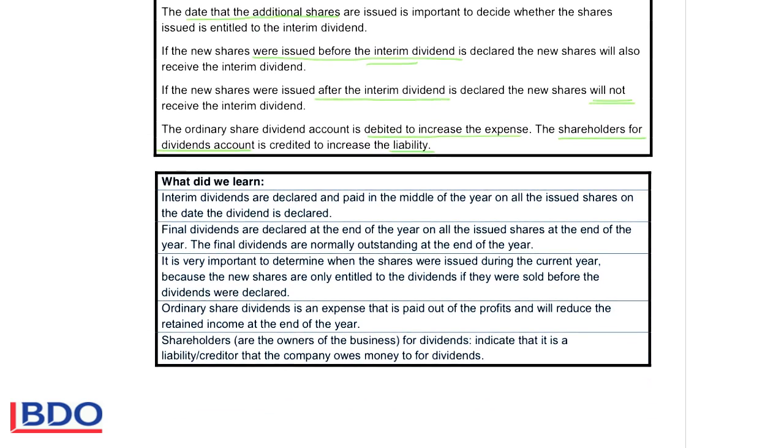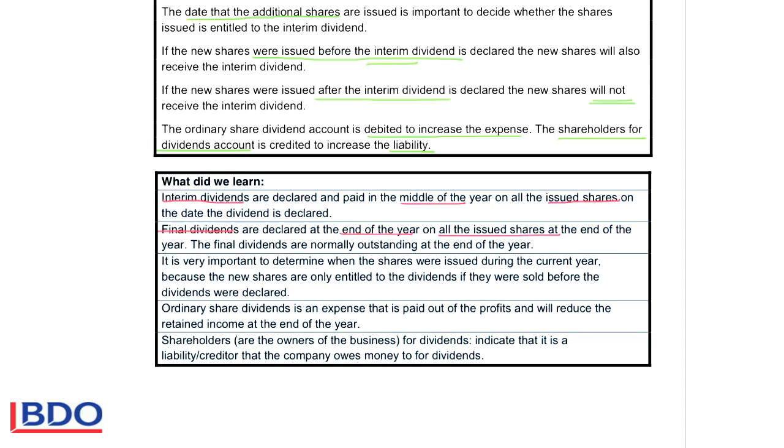What did we learn today? Interim dividends are declared and paid in the middle of the year on all the issued shares on the date that it was declared. So interim dividends are in the middle of the year, and will only be paid out on issued shares on the date that the interim dividend was declared. Final dividends are declared at the end of the year on all the issued shares.